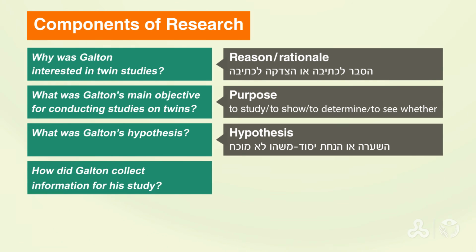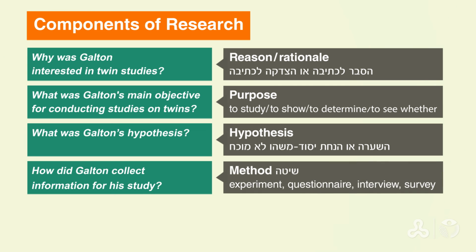Then we also had the question, how did Galton collect information for his study? כן, איך הוא אסף את האינפורמציות, המידע למחקר שלו? זה נכנס לתוך הקטגוריה של השיטה, the method. Okay, what was the method that Galton used to collect information? Now, other methods that you should focus on are an experiment. כן, אפשר לערוך ניסוי כדי לאסוף אינפורמציה.